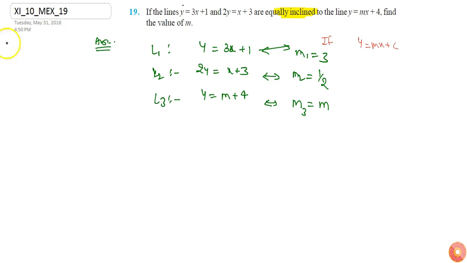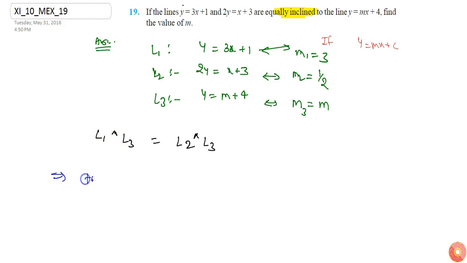Or I can say the angle between L1 and L3 equals the angle between L2 and L3.